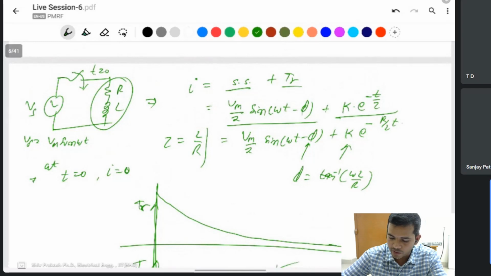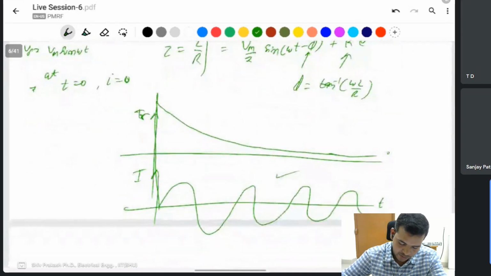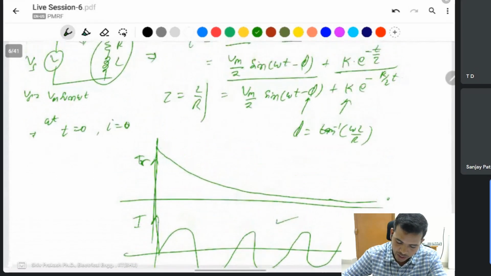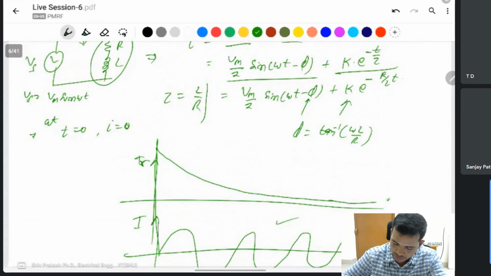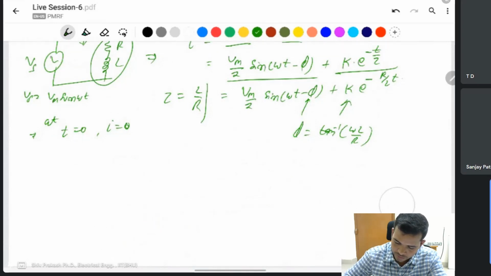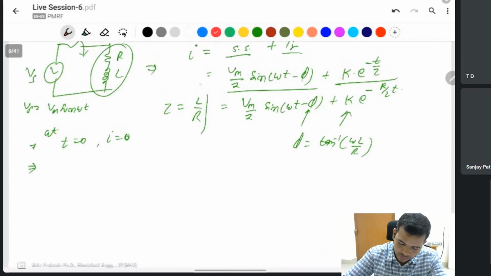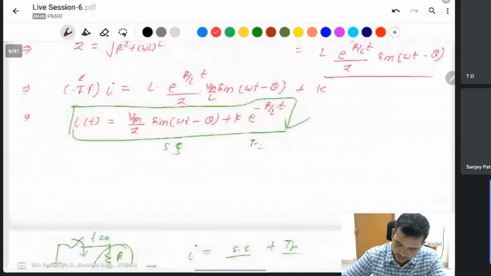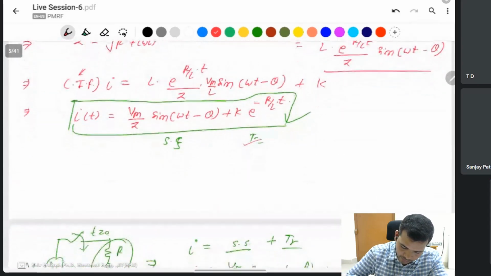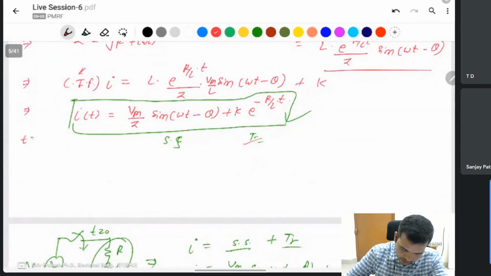You can find the value of K by putting t equal to 0, i equal to 0. Same thing, this one circuit. If at t equal to 0, i is equal to 0, this one is 0.